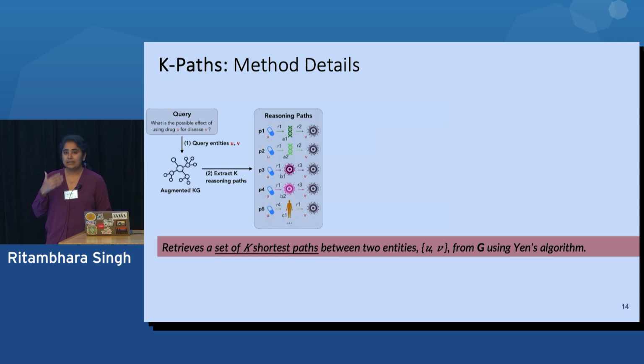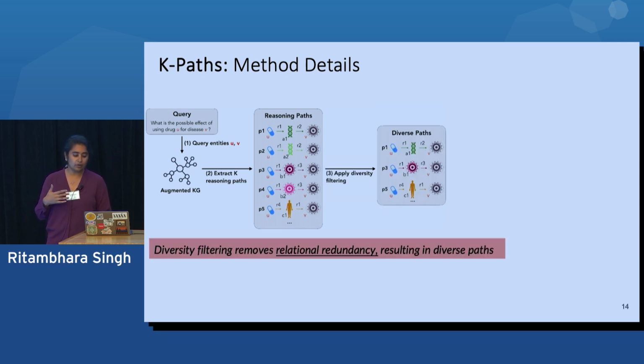What we get from this algorithm are a diverse set of reasoning paths between the two entities, but there are some relational redundancies that we also get. So we apply a diversity filtering that filters out any relational redundancy, and that gives us our final diverse set of paths.